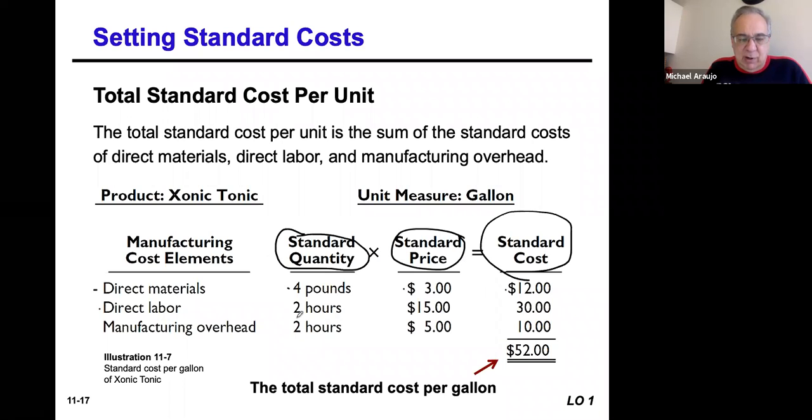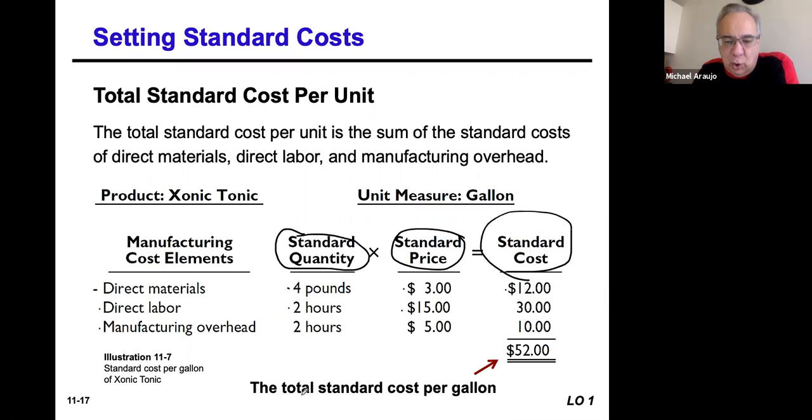Direct labor: 2 hours of direct labor at $15 an hour. We saw that about 2 slides ago. $30 standard cost for direct labor. And we just calculated the manufacturing overhead, which is also based on 2 hours at $5 an hour, $10.